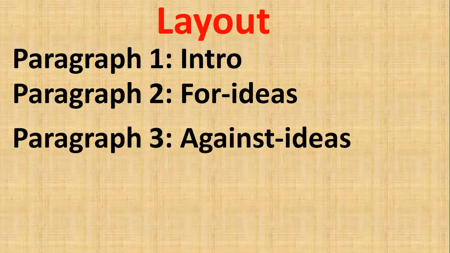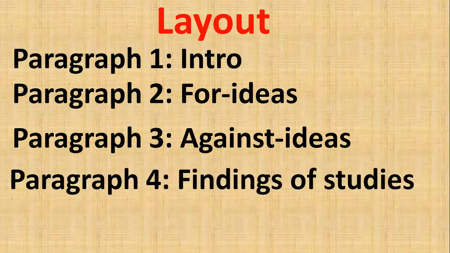Paragraph number 3, once you are done with paragraph number 2, you need to go to the opposite side, the other side of the equation. So you need to include the against ideas, the disadvantages that make people be against the topic. So paragraph number 1 is the intro, paragraph number 2 the for ideas, paragraph number 3 the against ideas.